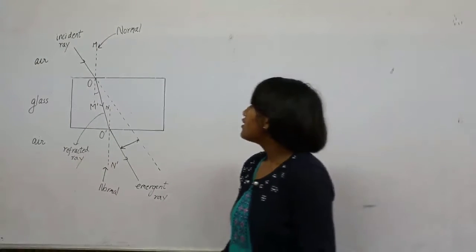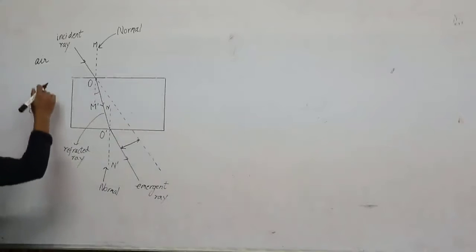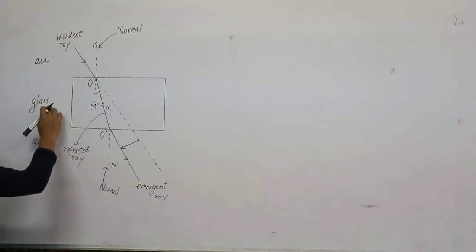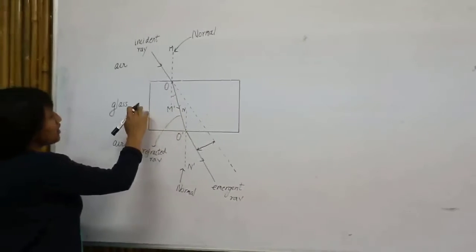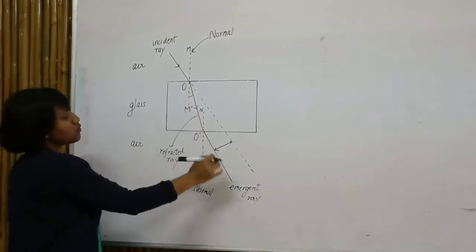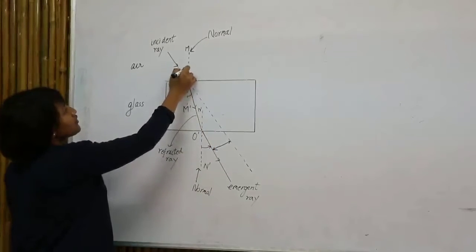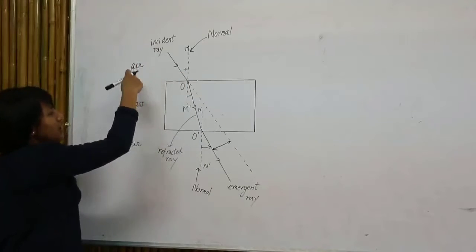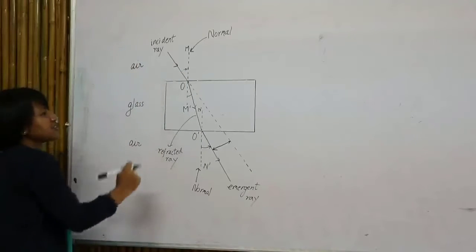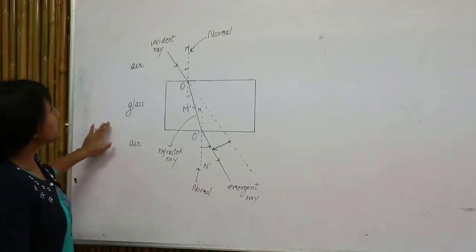When light travels from air to glass, it bends towards the normal, and from glass to air, it bends away from the normal, because air is an optically rarer medium and glass is an optically denser medium.